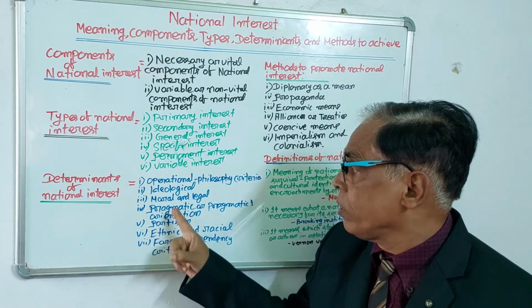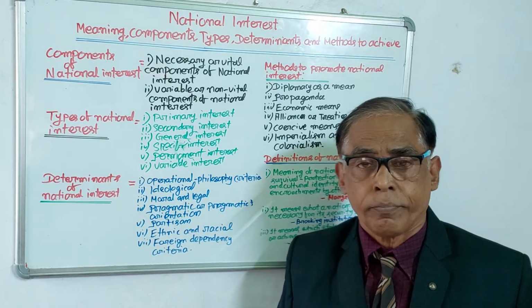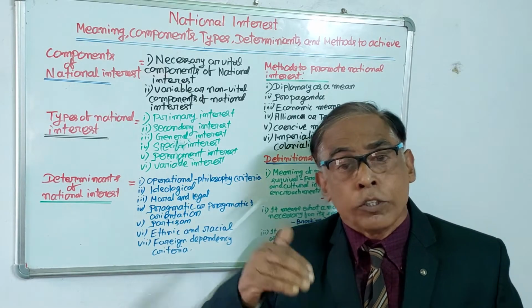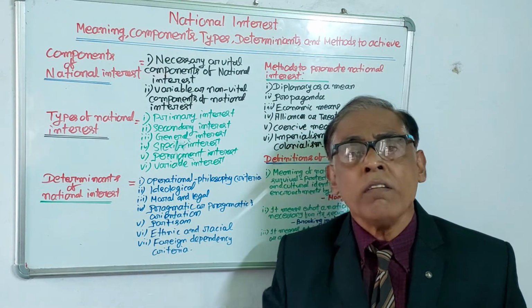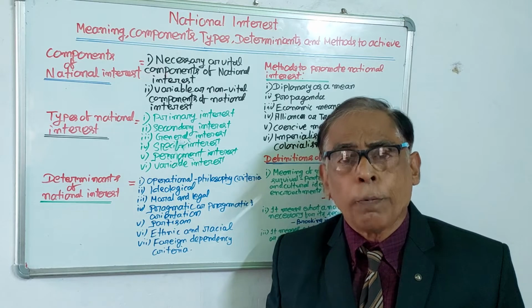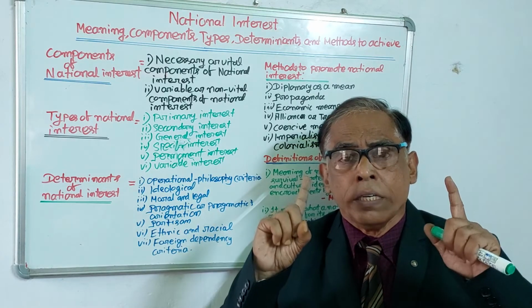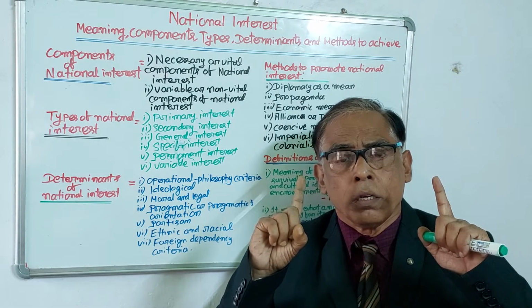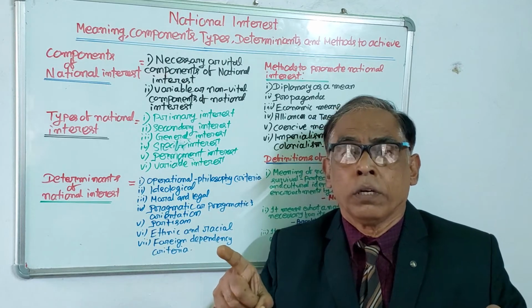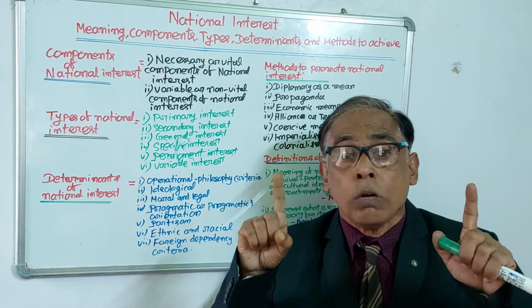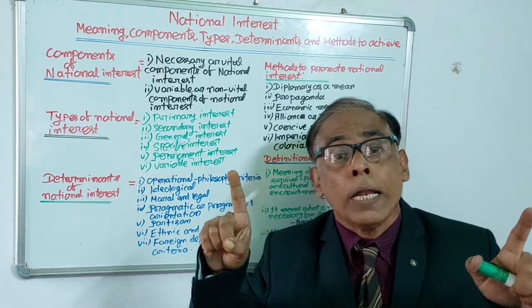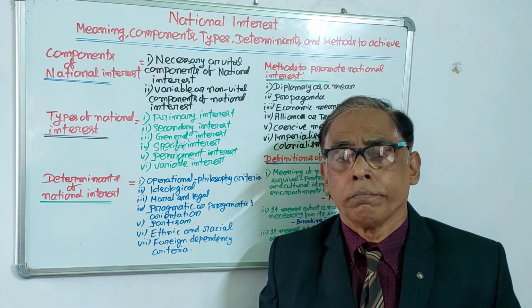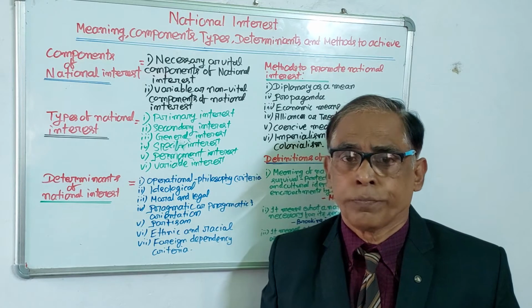Number three, moral and legal. It is also a determinant of national interest. Moral means whenever a country prepares its foreign policy, it will take the oath that it will follow moral features.